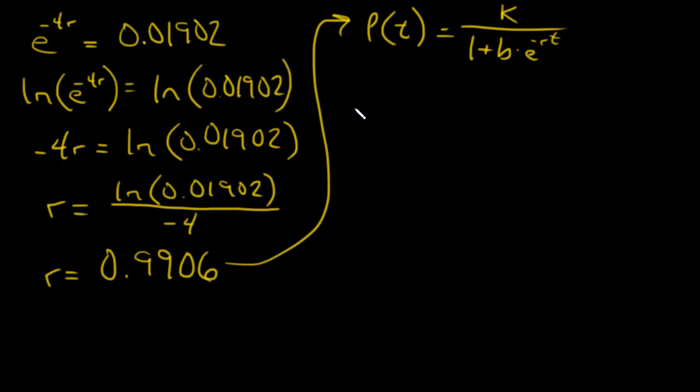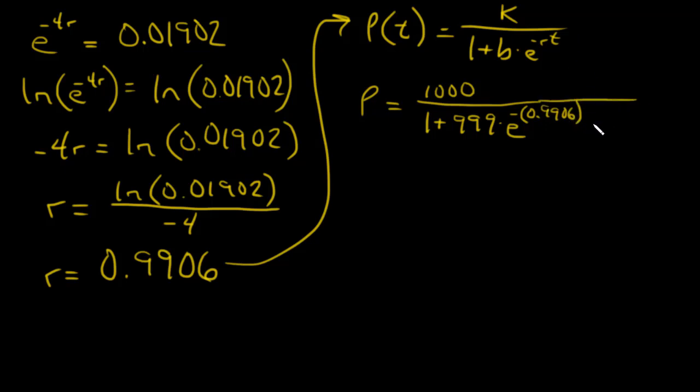Well, that means P is equal to 1,000 over 1 plus 999 times e to the negative 0.9906 for my r, and then my t is going to be 6.